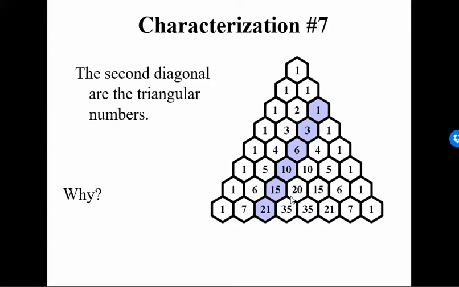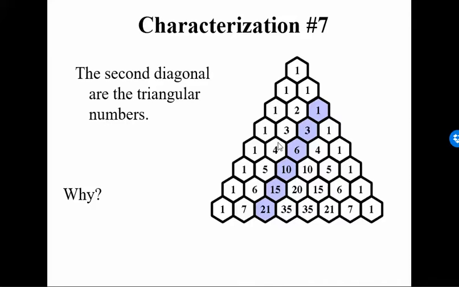Now the question is, why, for example, is 10 a triangular number? You might pause the video and see if you can figure that out. The reason 10 is a triangular number is the hockey stick principle. 10 is the sum of the numbers 1, 2, 3, and 4, which is the sum of sticks.